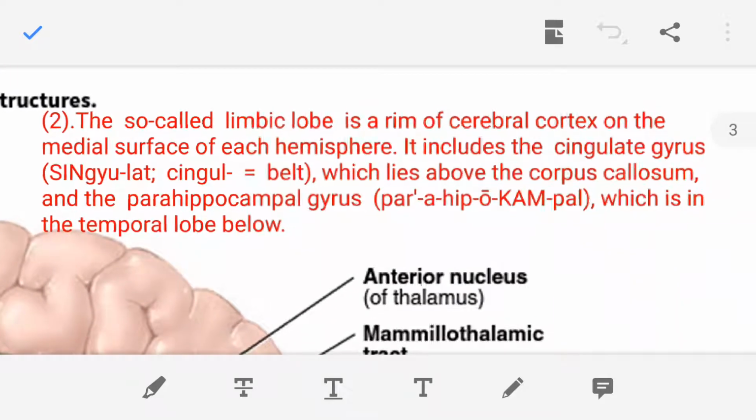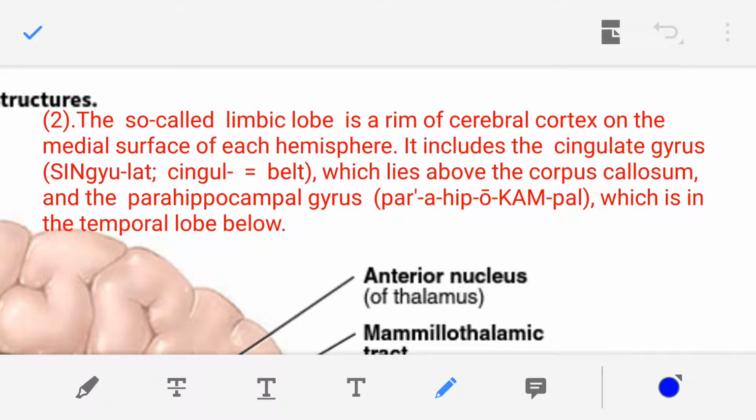So what is the limbic lobe? The limbic lobe is a rim of cerebral cortex on the medial surface of each hemisphere. There are left and right hemispheres, and on the medial surface the rim of cerebral cortex is present, and this rim is known as the limbic lobe.